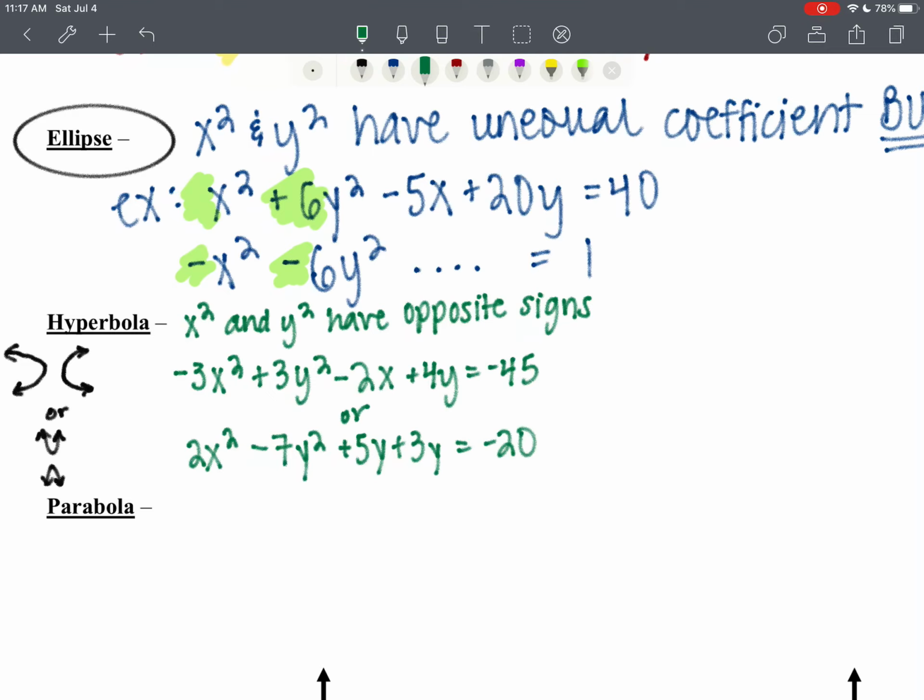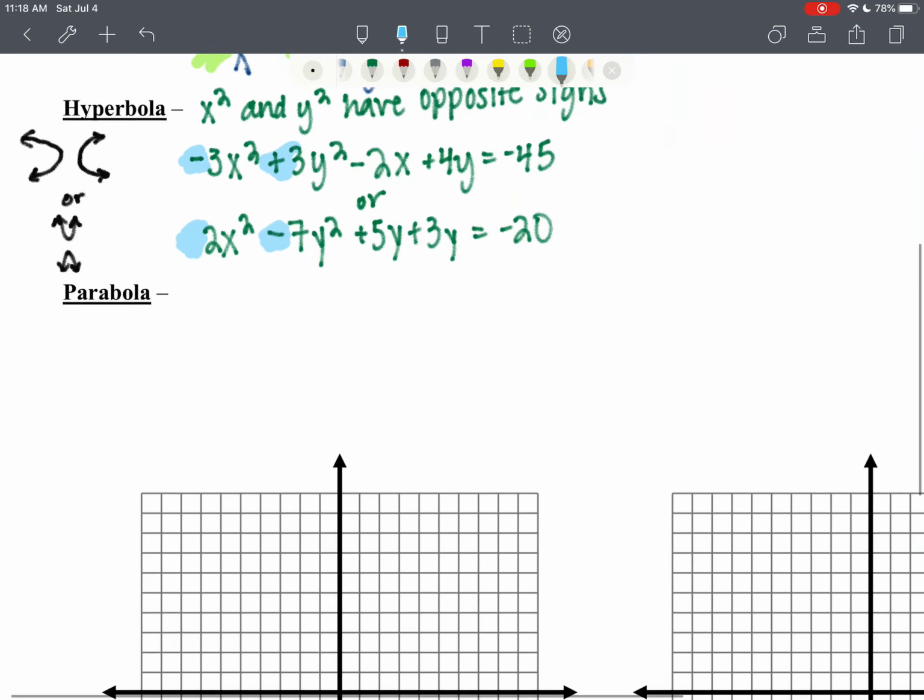These are two examples of hyperbolas. What makes them hyperbolas is one of the quadratic terms is negative and the other one is positive. The numerical coefficient does not matter. It's all about the signs for the hyperbola.